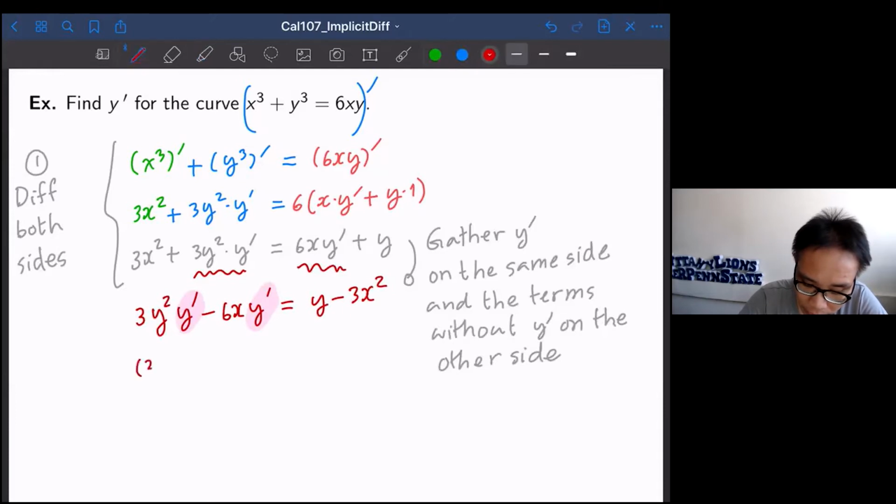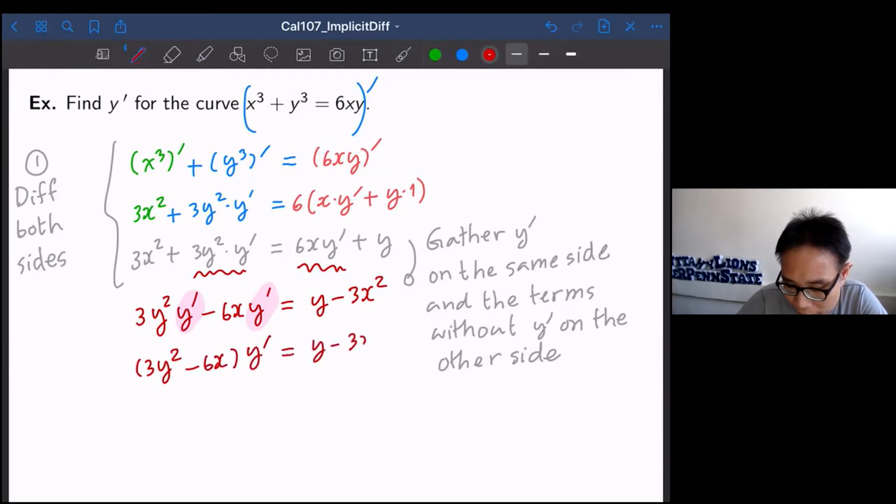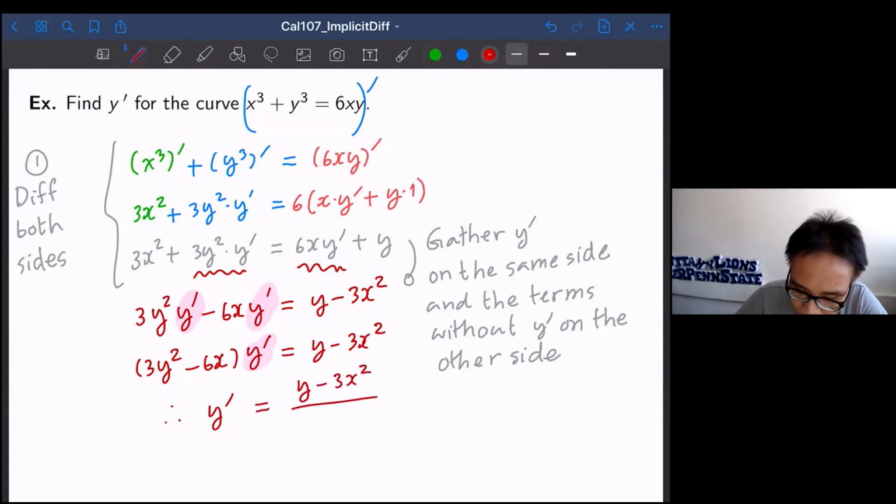So you get 3y squared minus 6x, times y prime, equal to y minus 3x squared. So for this one, you're gonna get y prime equal to y minus 3x squared over 3y squared minus 6x.